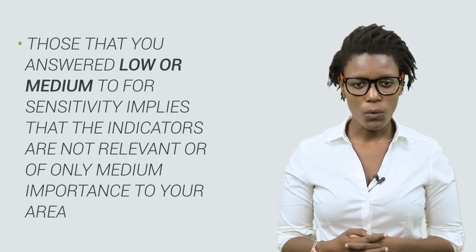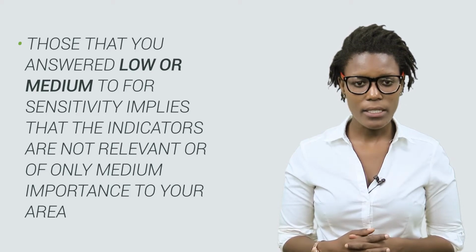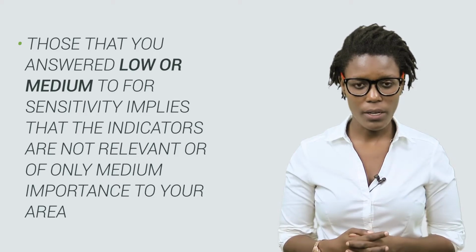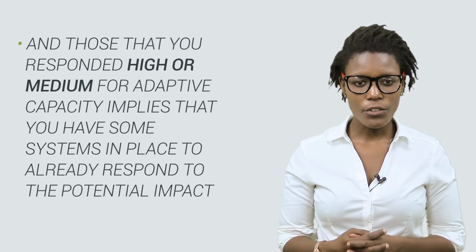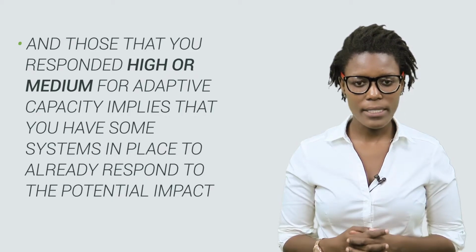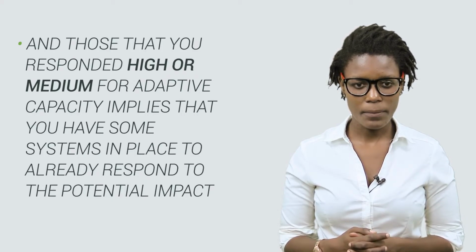Those that you answered low or medium to for the sensitivity question implies that the indicators are not relevant or of only medium importance to your area. And those that you responded high or medium for adaptive capacity implies that you have some systems in place already to respond to the potential impact. Through the short listing process, you are now left with the indicators that are a priority for your area.